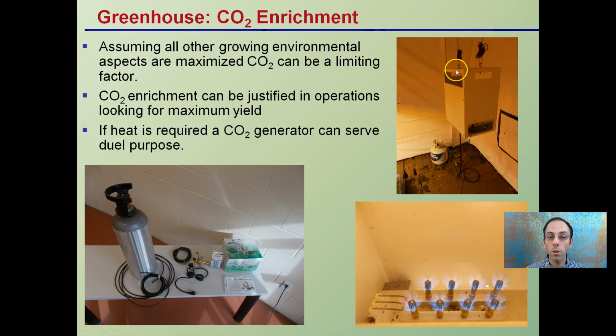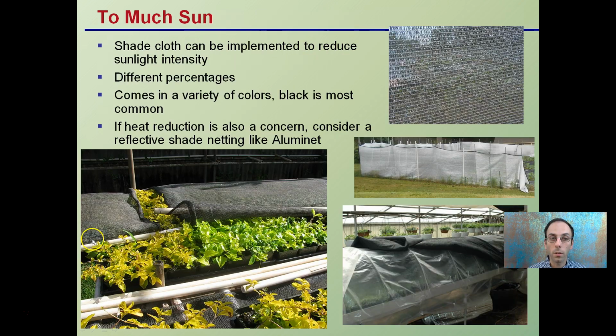If heat is required, use a CO2 generator, as this can serve a dual purpose. Here we have the burners going, generating CO2 from propane and heating the room at the same time. If heat is already an issue, you can use regular bottled tanks or liquid systems, and these basically generate no unwanted byproducts and efficiently elevate CO2 levels in the grow space.